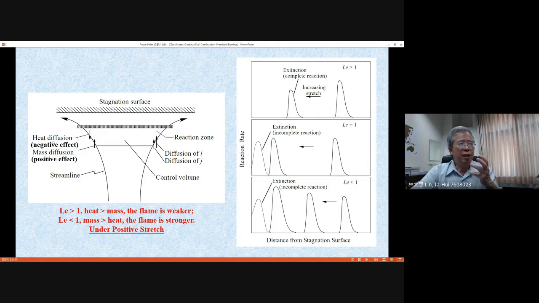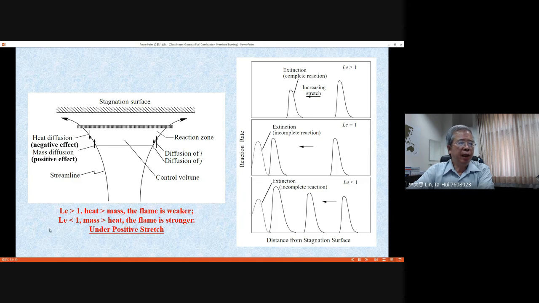Sometimes you can say that heat diffusion is, in this case, some kind of loss, because heat diffuses to the outer region of the stream tube and is carried out, so it cannot be used to preheat the upstream premixture. That means some kind of heat loss through the flow movement. This extinction is basically influenced by the Lewis number effect.